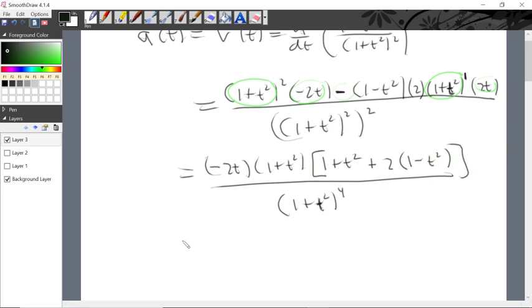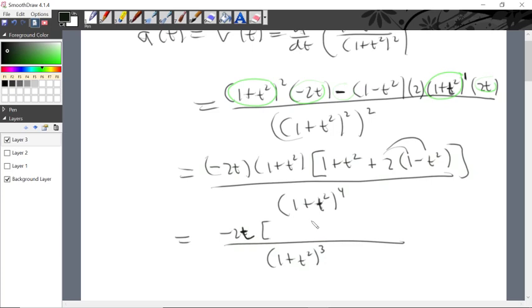Continuing to simplify, we have negative 2t right here. We have a 1 plus t squared. We have 1 plus t squared to the power of 4. So I'm going to get to cancel one of those with one of these. So that leaves a 1 plus t squared cubed. In brackets, what do we have? 1 plus t squared plus 2 minus 2t squared.